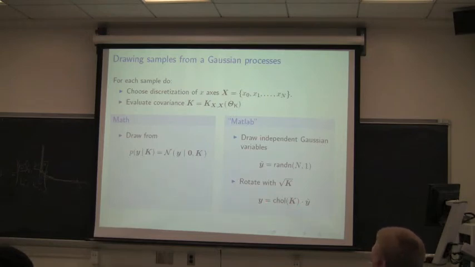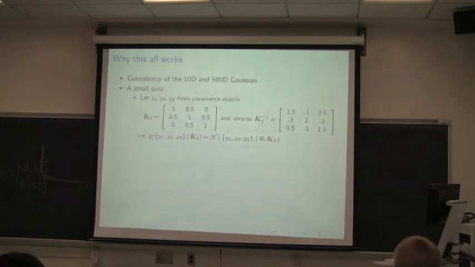This is just getting a sample from a multivariate Gaussian. To get samples from this distribution, we apply a linear transformation to y, and the linear transformation is the square root of k. So this is the way these lines were drawn.